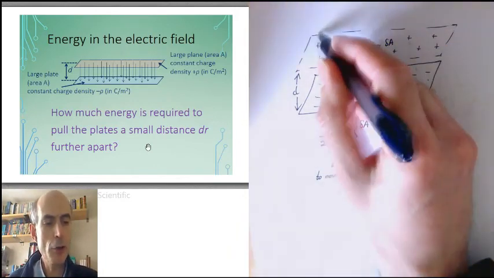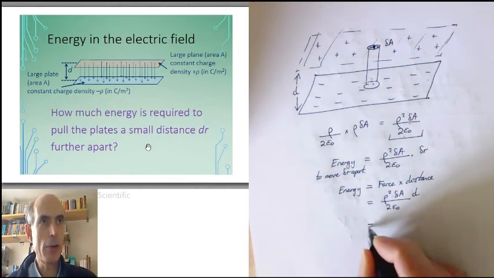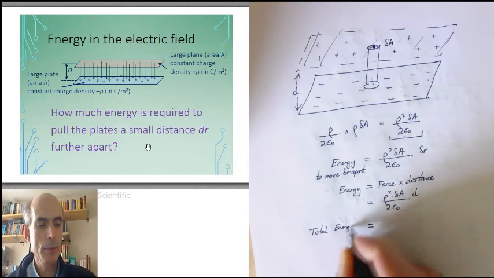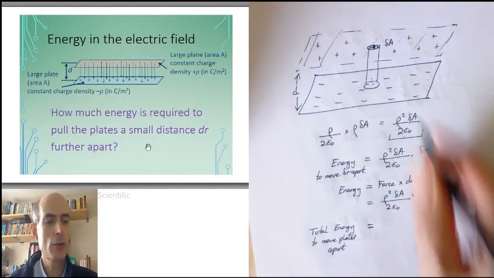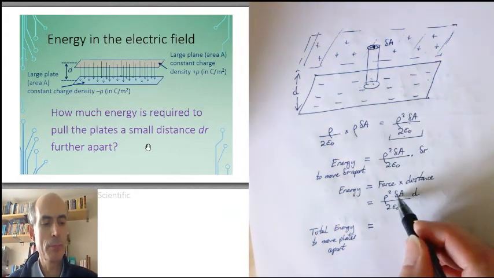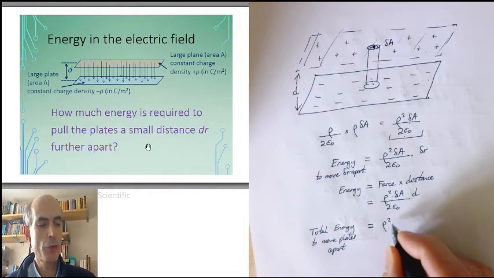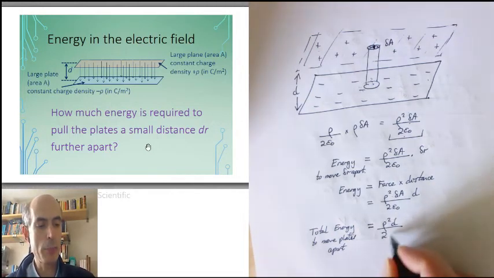If I consider the whole area of the plate here, then the total energy that I would have to put in to move the plates apart would just be equal to the energy required per unit area times the total area. Well, the energy required to move per unit area is rho squared d over 2 epsilon naught.